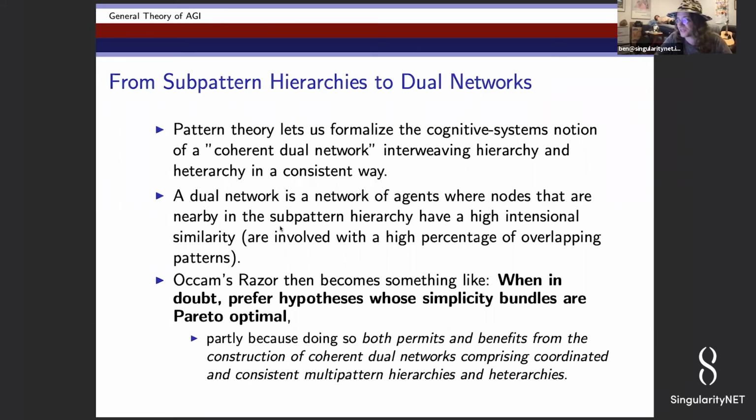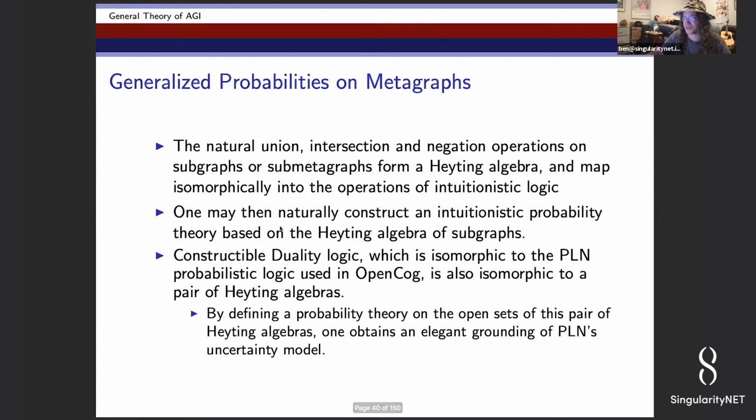What you find is that these simpler hypotheses are also hypotheses that let you construct coherent dual networks across your observations. So there's a lot of subtlety between this simplicity of the patterns and programs that you're finding and the way that networks of observations are structured.